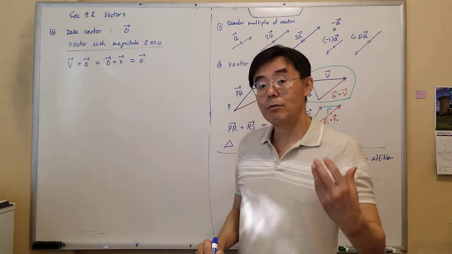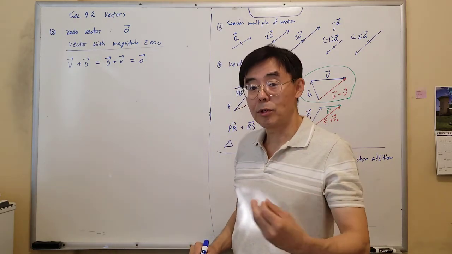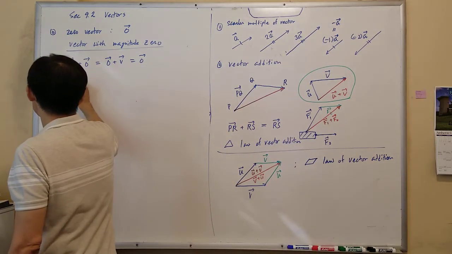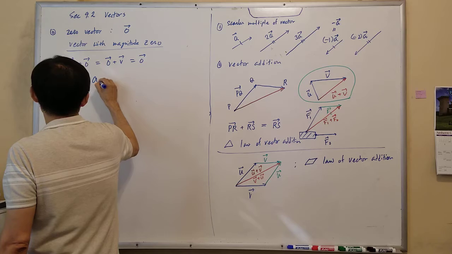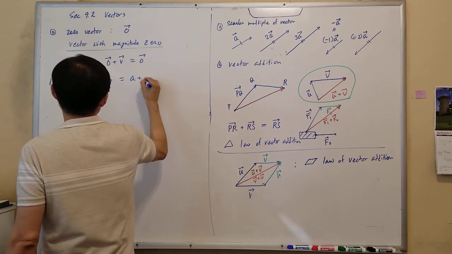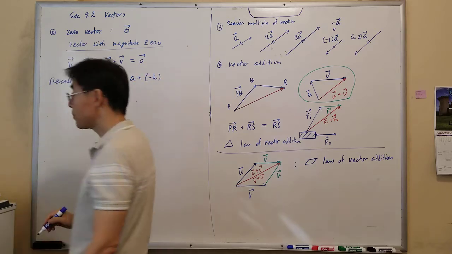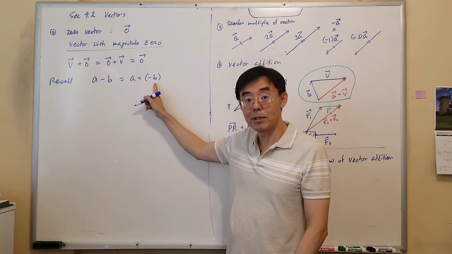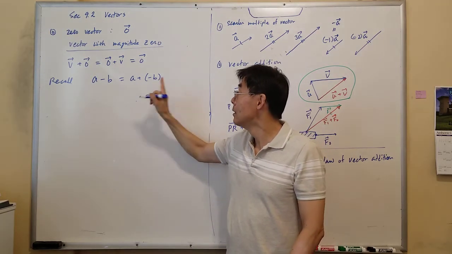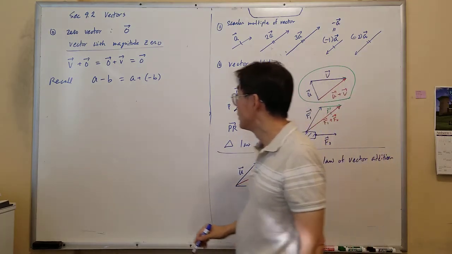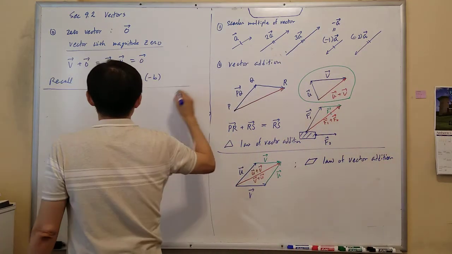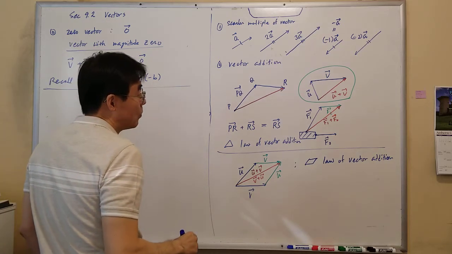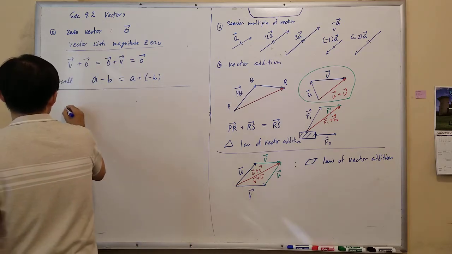Now, in the real number system, subtraction of two numbers was defined as, actually, a minus b was defined as the addition of a and the additive inverse of b, right? The same thing works for vectors.